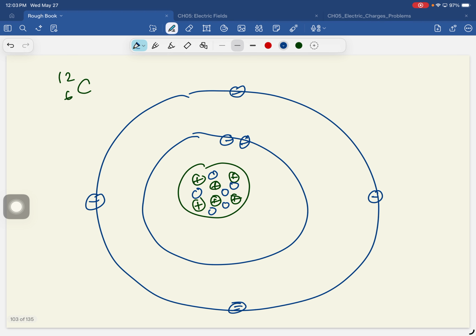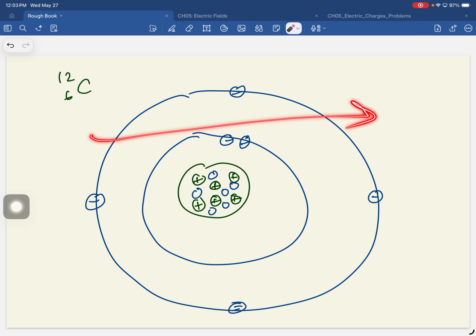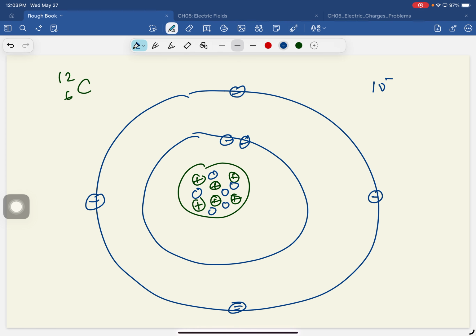Do you know the size of this atom? 10⁻¹⁰ meters. Do you know the size of the nucleus? 10⁻¹⁵ meters.